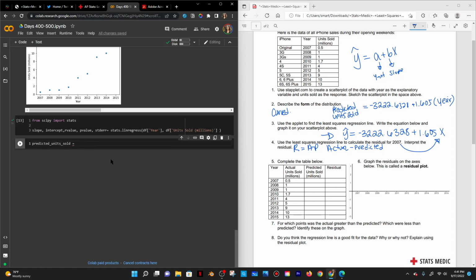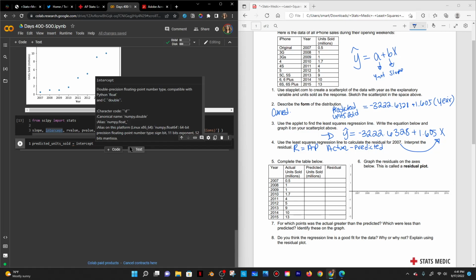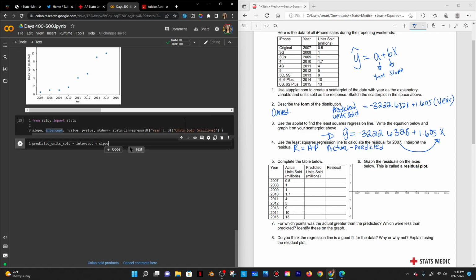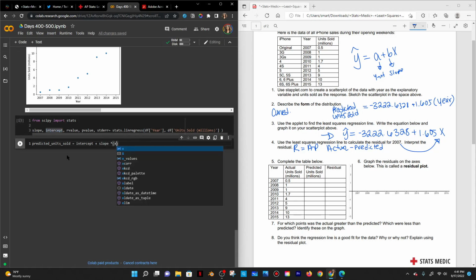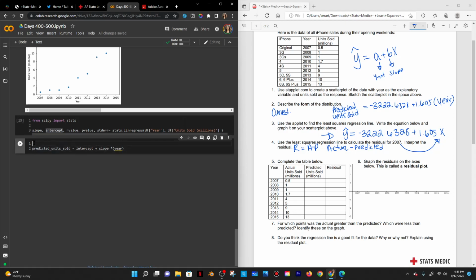Okay, so now I can say the predicted units sold is equal to the intercept plus the slope times x. Actually, it's not x. I have to put it in context, so it's year, and the year here is equal to 2007.